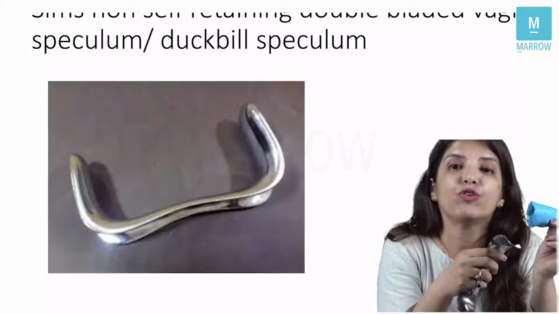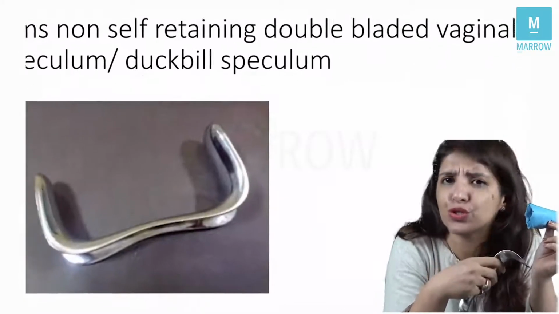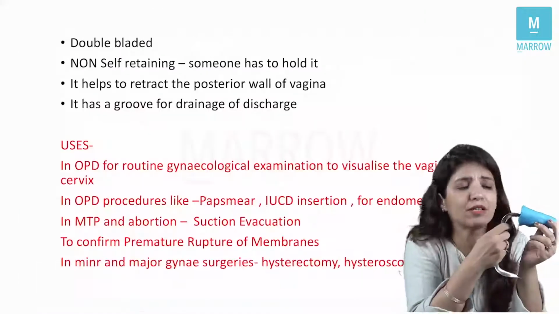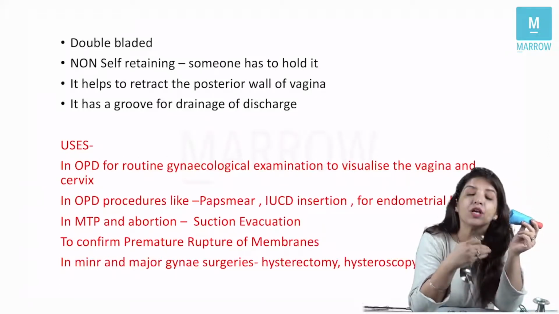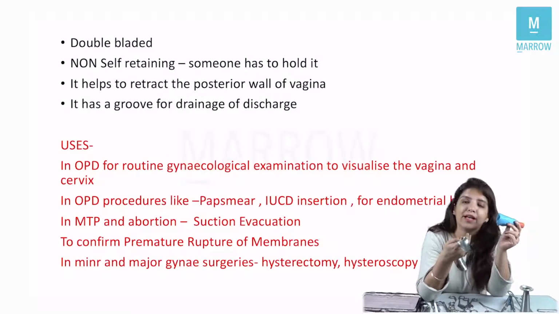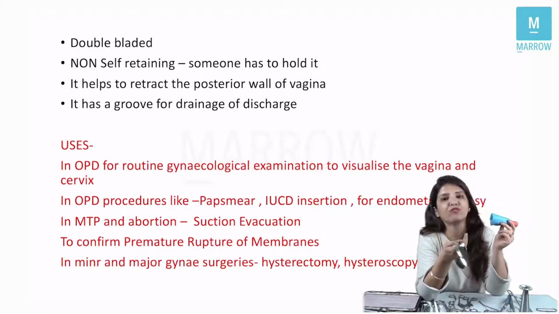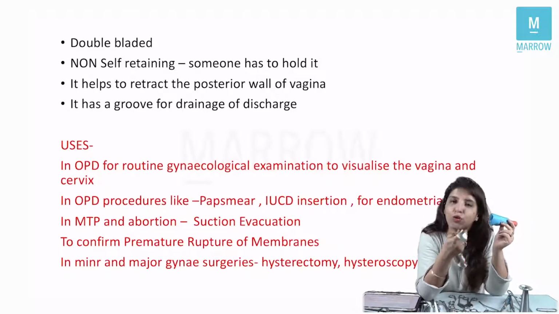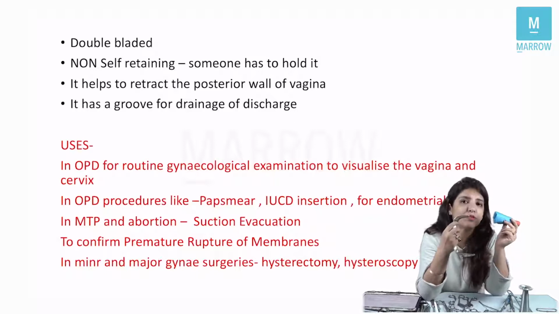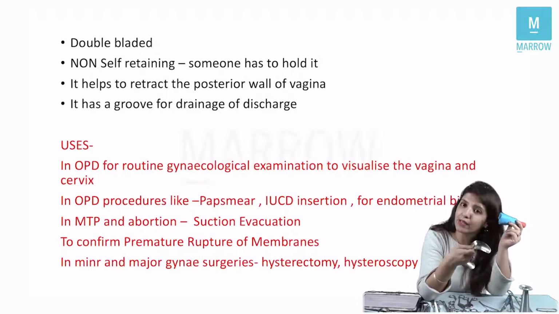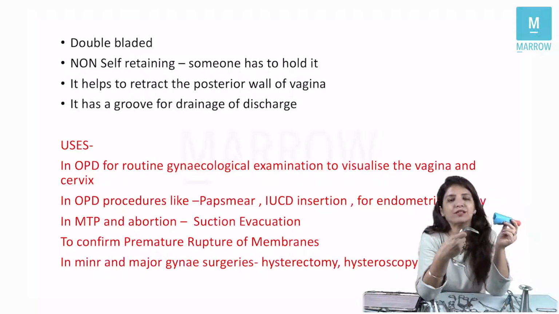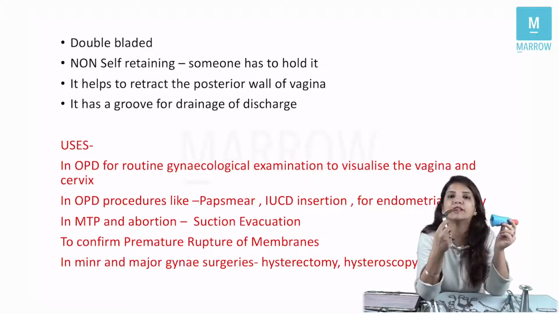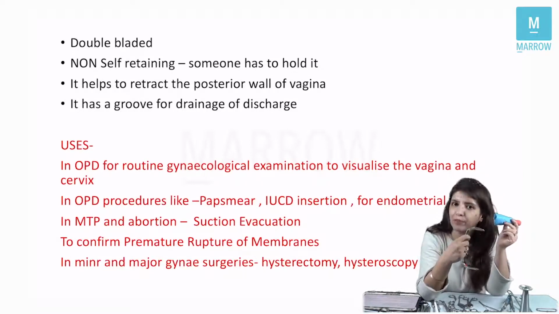Number two, if you are doing some minor procedures, like if you want to insert an IUCD, or remove an IUCD for that matter, or collect a pap smear, or do an endometrial biopsy, in all these cases you will need a Sims speculum. For minor gynae surgeries, vaginal surgeries, and major gynae vaginal surgeries, again, you will need a Sims speculum.